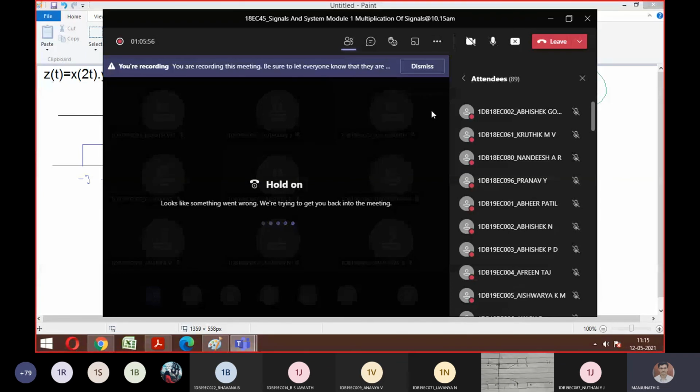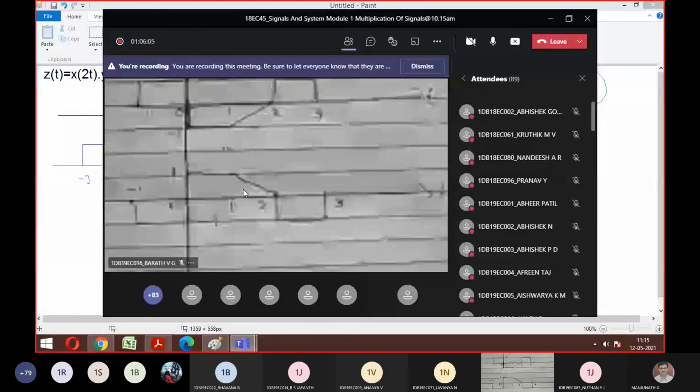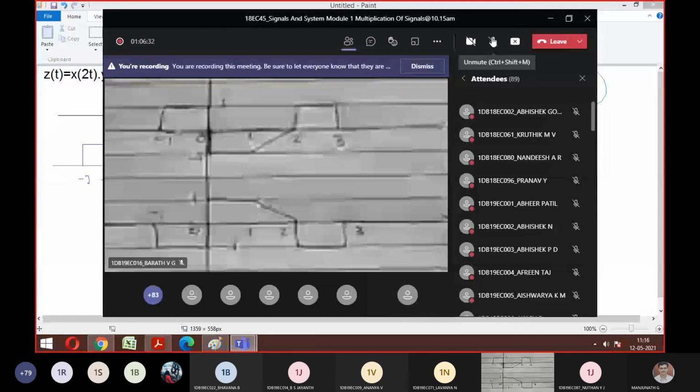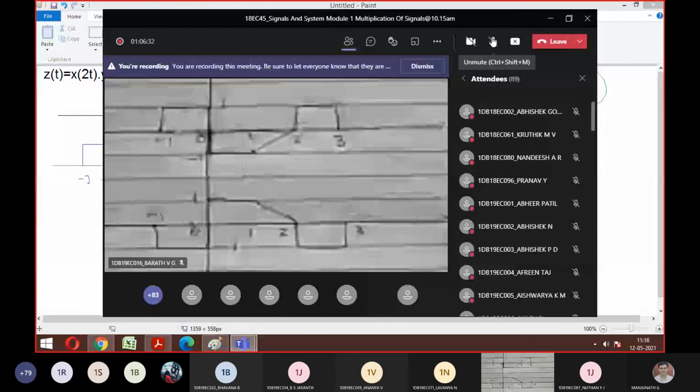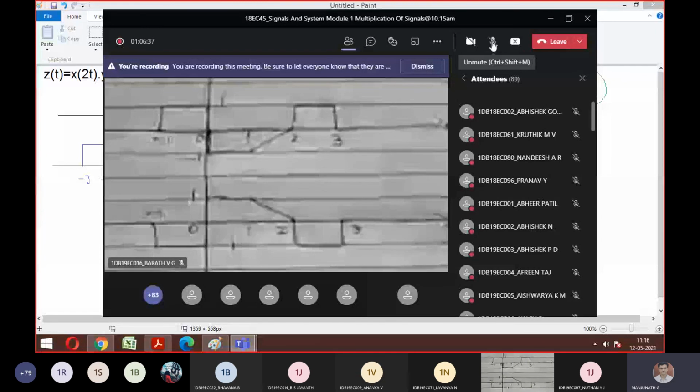Any of x of t is same input. So you want to perform y of t minus 1, then negation. So this signal, what is it?